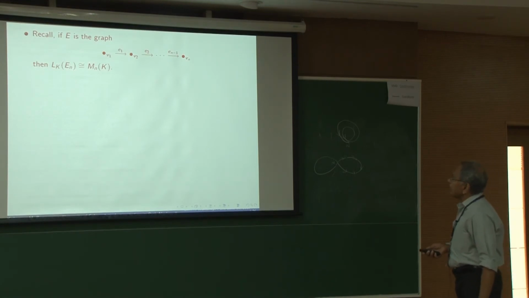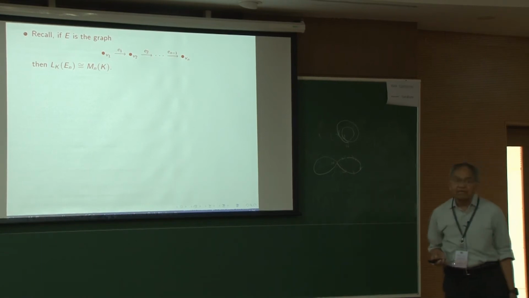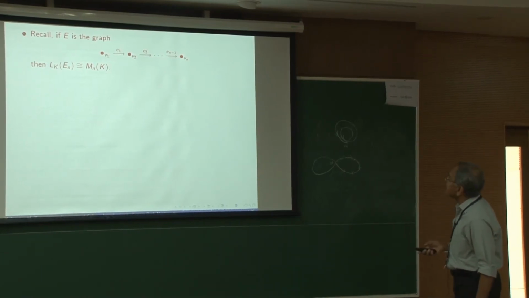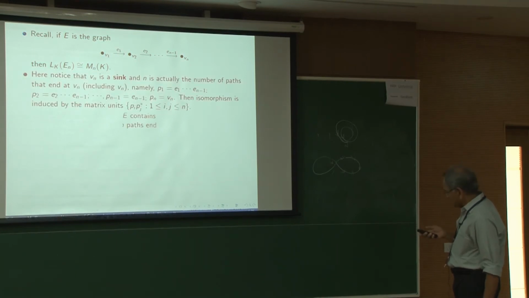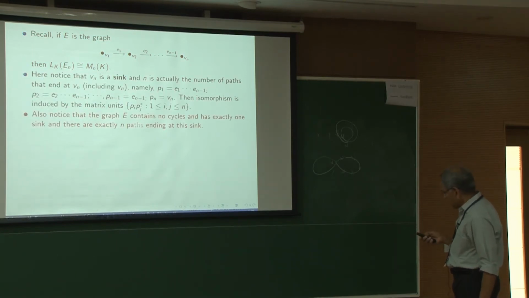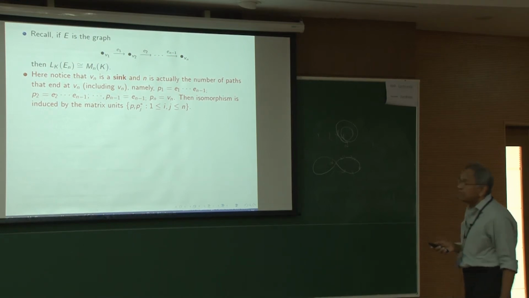And again, recall we noted that if I have a straight line segment path of length n, then the Leavitt path algebra is... excuse me, let me go back to the previous one. You can see how we concluded this, because we counted the number of paths that end in the last vertex, vn.